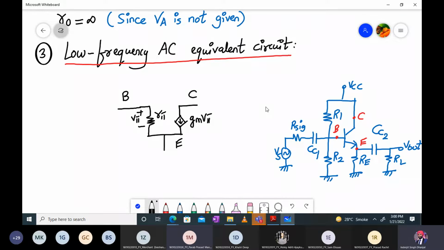Now, how do we proceed? You know that in the AC equivalent circuit, your VCC will be grounded. Okay, VCC will be grounded. So you will have R1 parallel to R2. On this side, we will have R1 parallel to R2 over here.